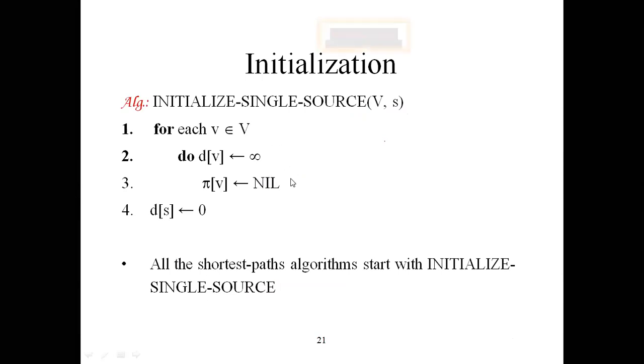After updations, we can change it to the previous vertex. All the shortest path algorithms start with initialize single source, which means we initialize each vertex with infinity, and the second part is nil.